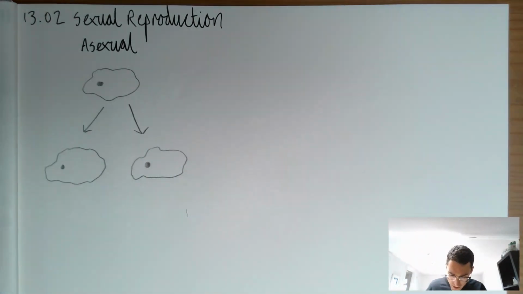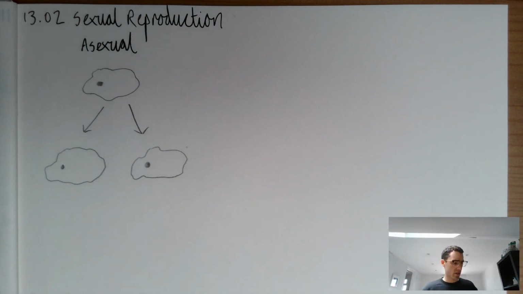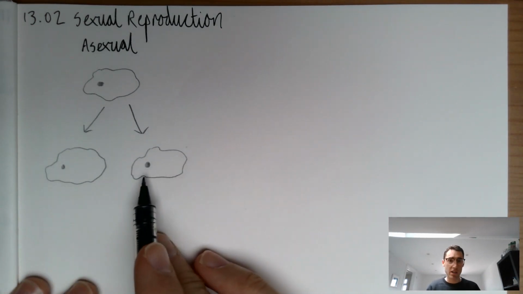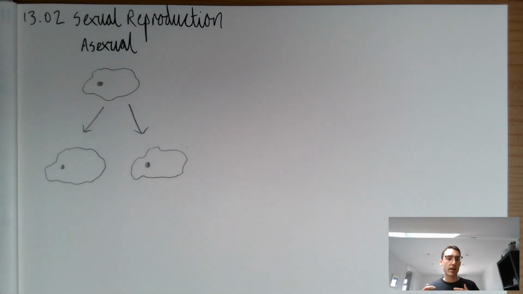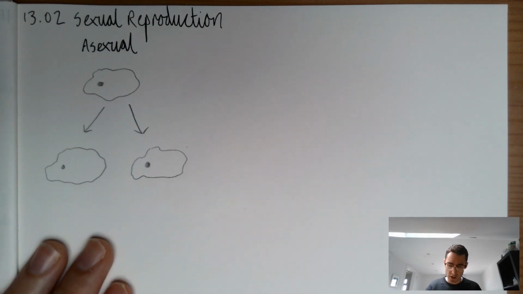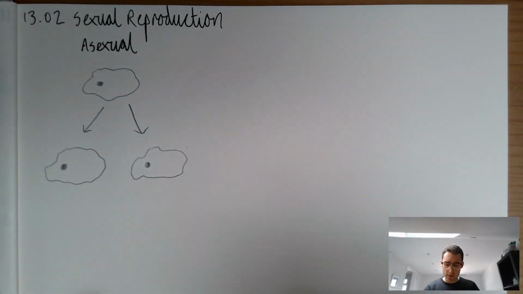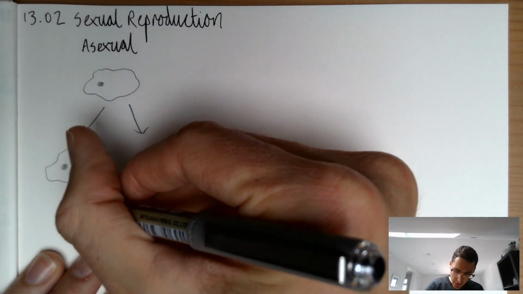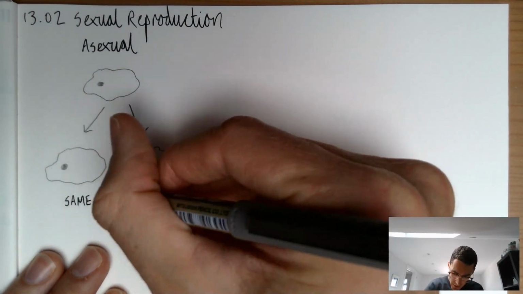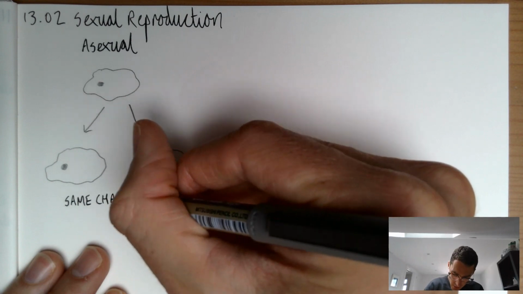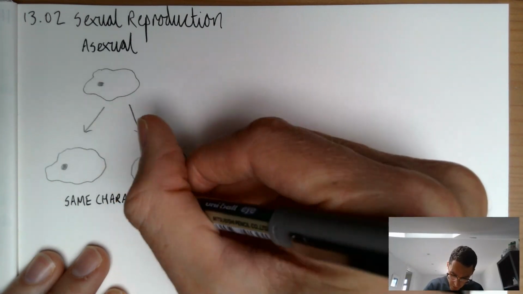And what you want to emphasize to students is that when it divides like this asexually, the daughter cells, the cells that have been reproduced, I should make that nucleus a bit bigger just so it looks the same, have the exact same characteristics as the parent cell.